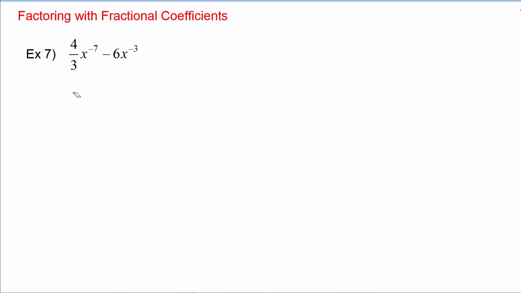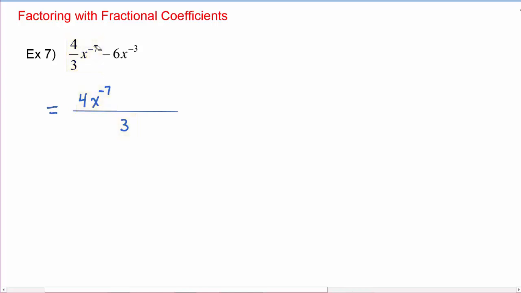So in example 7 here, we see we have 4/3 and we have 6. So pretty obvious that our common denominator is going to be 3. So the first order of business will be to write the entire expression over 3. So this first term will be 4x to the negative 7th.